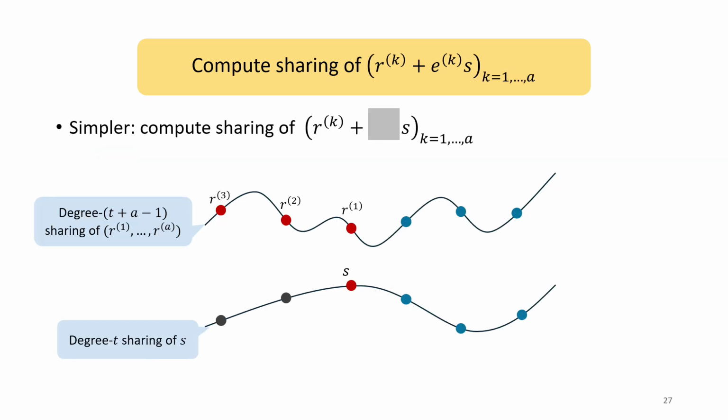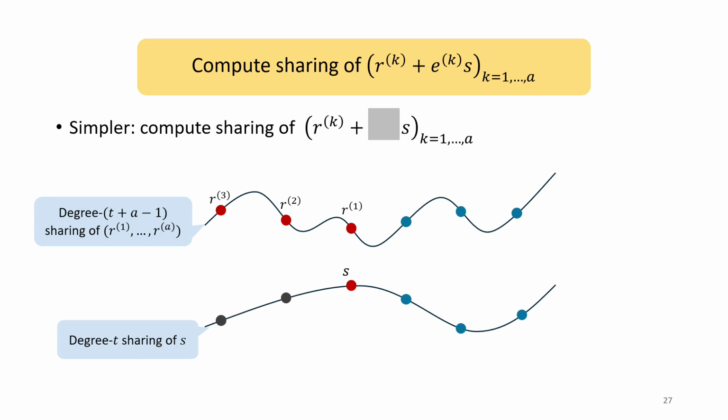So let's first take a look at a simpler example where we just want to compute r_k + s, where k is from 1 to a. So now that we have the sharing of r_1, r_2, etc., but recall that we assume the signing key s is secret shared using a degree t polynomial.